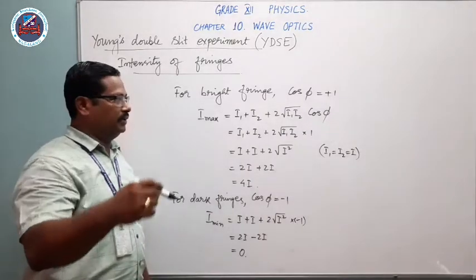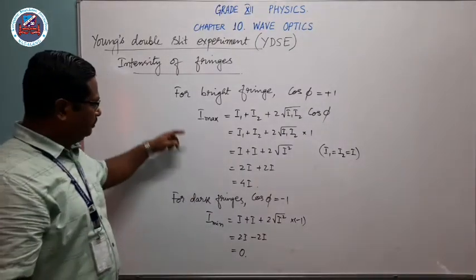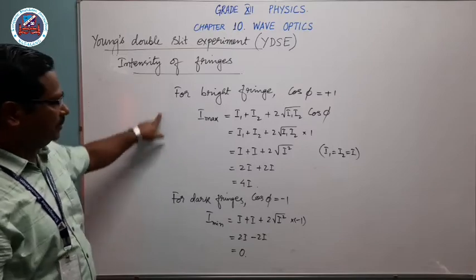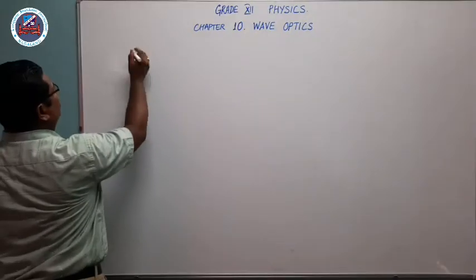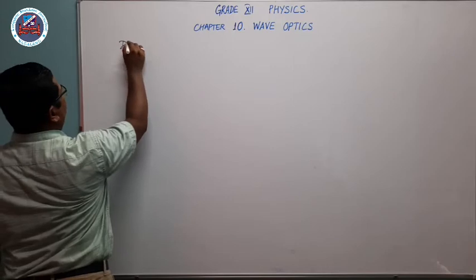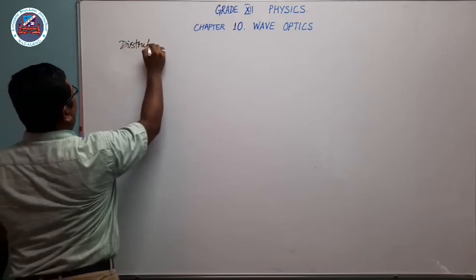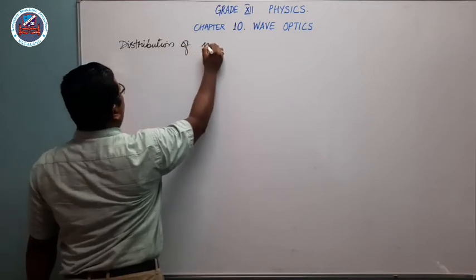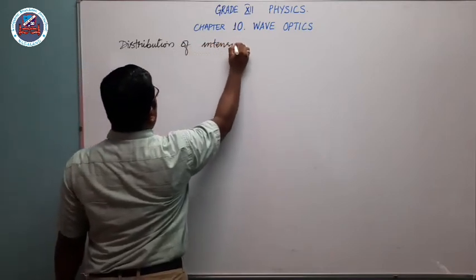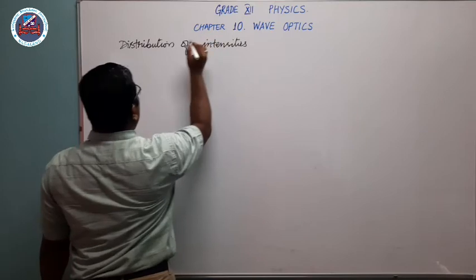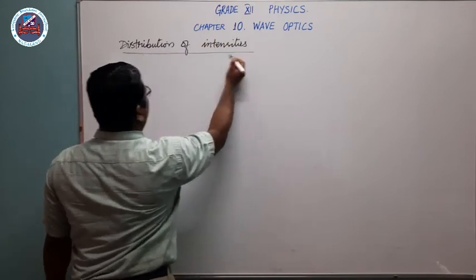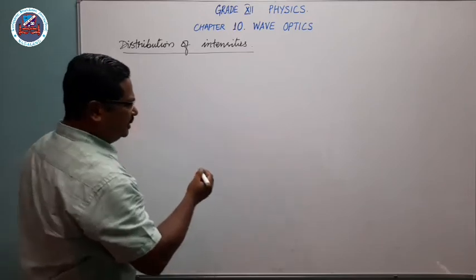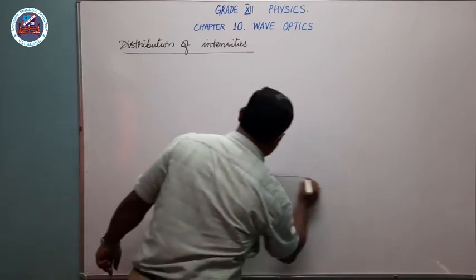Now let us see graphically how we can represent the distribution of intensities of the fringes. In Young's double slit experiment, the distribution of intensity you can show like this.